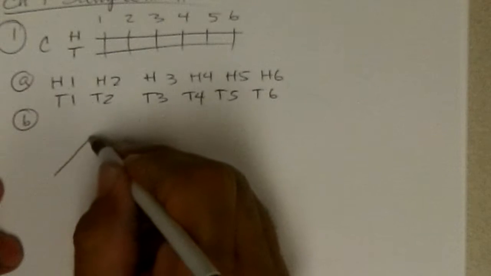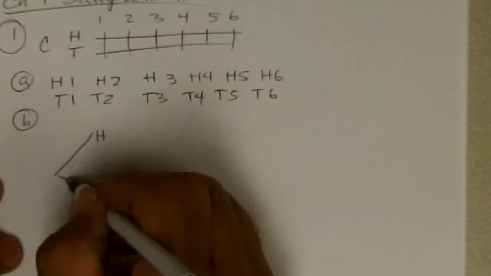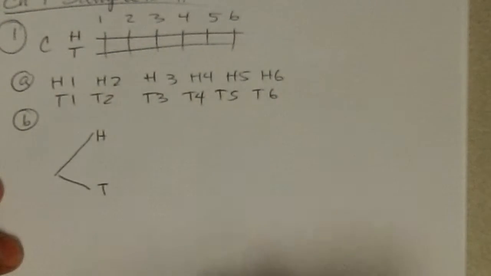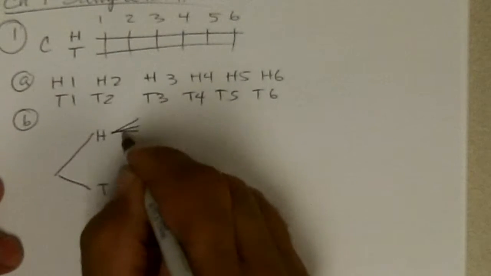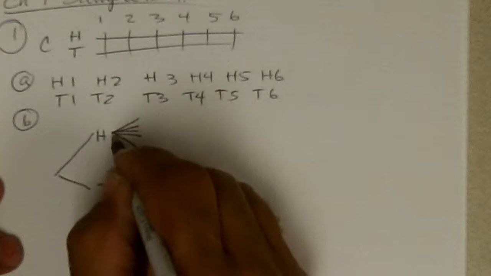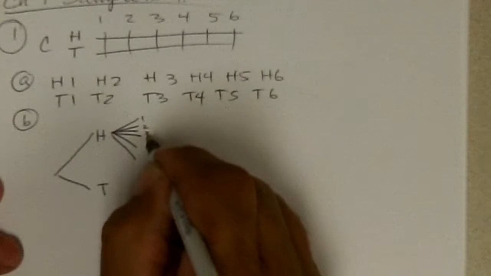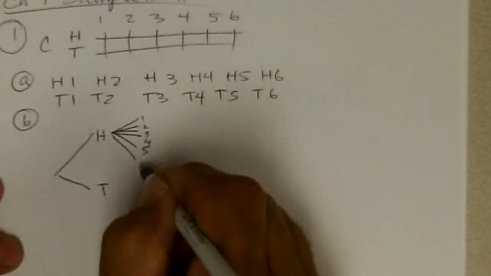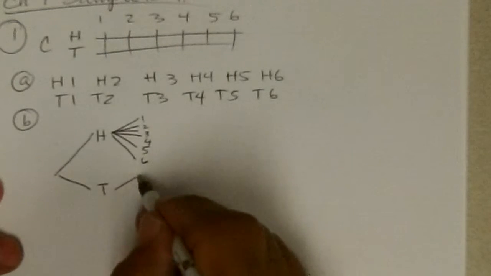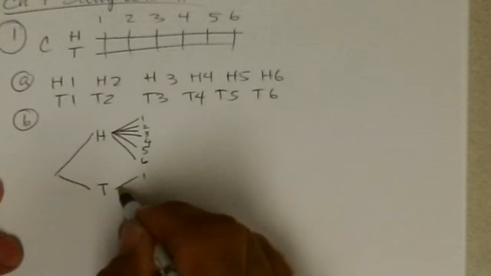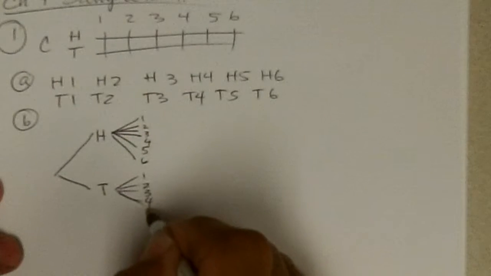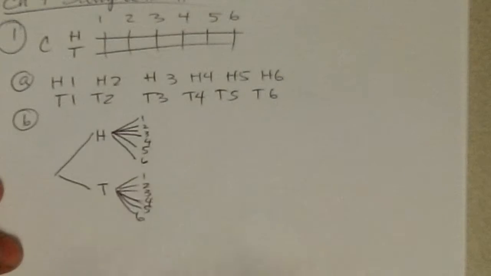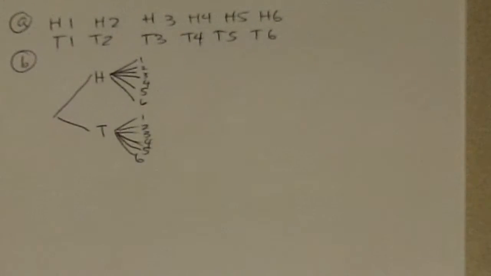Well, the coin could come out heads or tails, and the die could come out 1, 2, 3, 4, 5, or 6, for heads and for tails. There's a tree diagram.